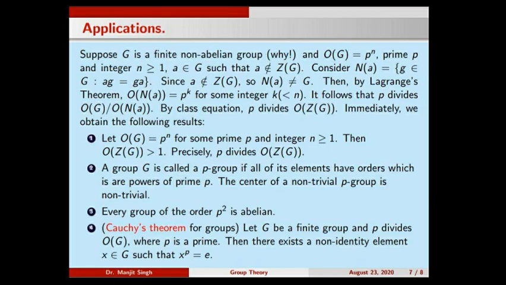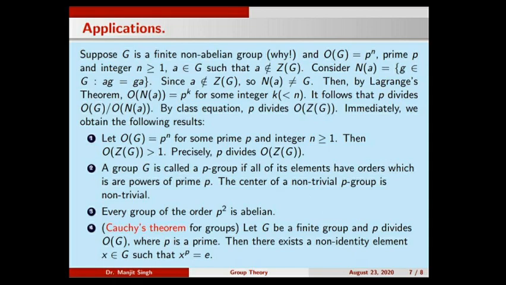So you can see about the center, when n equals 2, obviously order of G is p squared, so the center will be non-trivial, so the order of the center will be p or p squared. If its order is p squared, then you will find that G is abelian, and it was required.